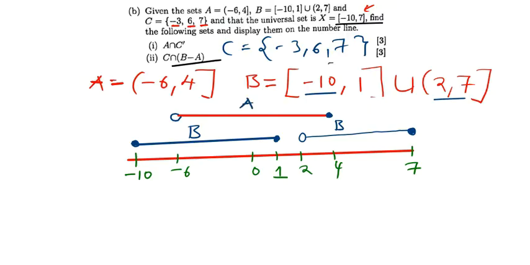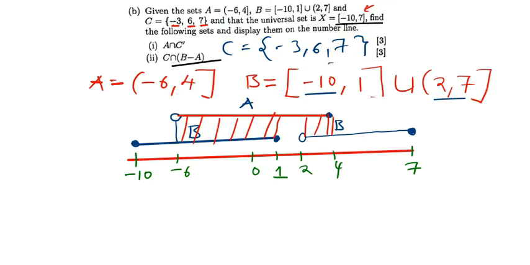Now we're trying to remove it from set B. So kind of like we're trying to remove the intersection part. So let's try to shade where they are overlapping. So all that is supposed to be removed from B. What remains is now B without A. So let's try to see what we're going to have.